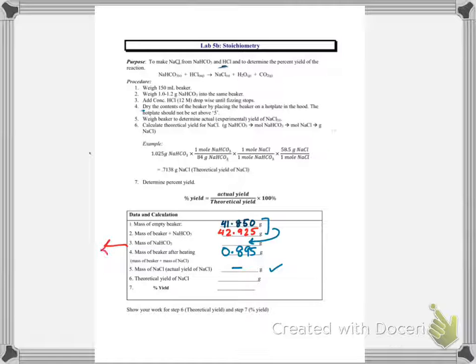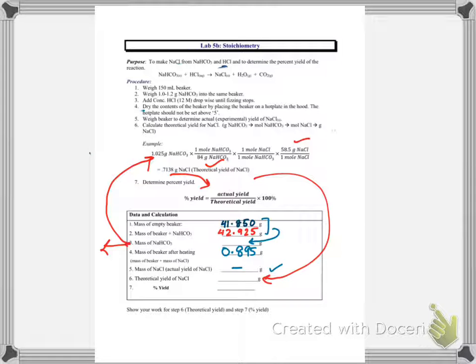This is the amount you are taking. Then you can simply plug this value in instead of this 1.025, multiply that by 58.5 divided by 84, and that will be your theoretical yield, which will go here.